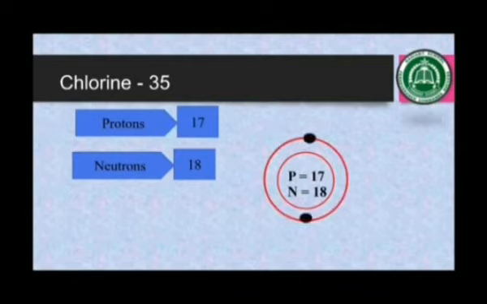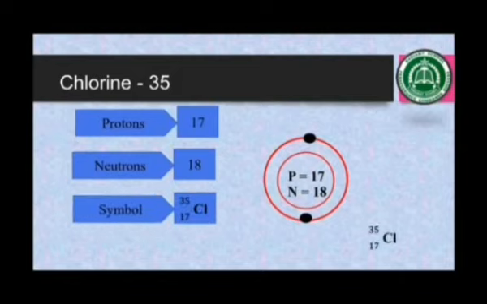In the first shell, 2 electrons are present, and its symbol is Cl, the symbol of chlorine, 35, 17. The 35 at the top left shows the mass number of the isotope chlorine 35, and 17 shows the atomic number of chlorine. Is it a complete structure of chlorine 35? No, because protons are 17, but we have drawn just 2 electrons.